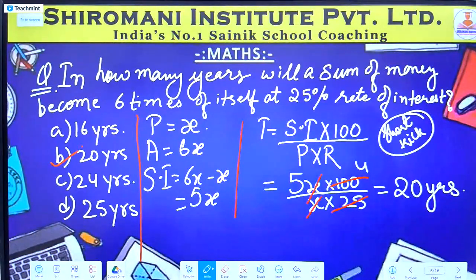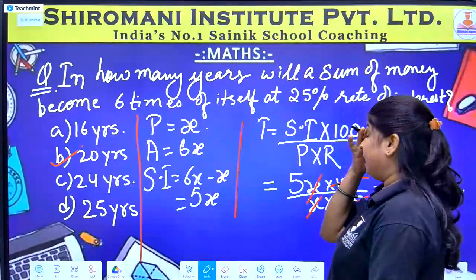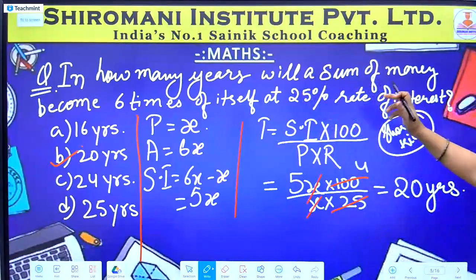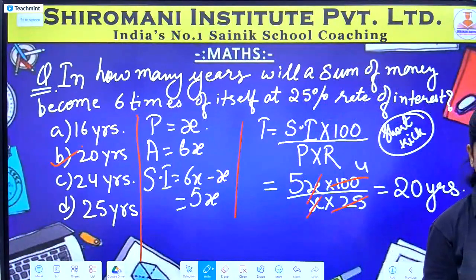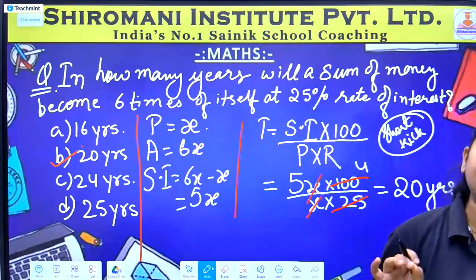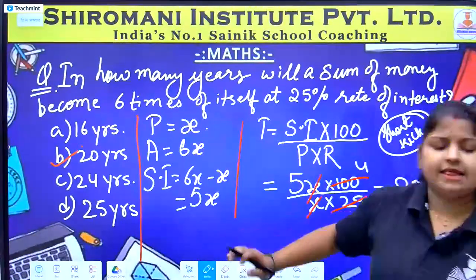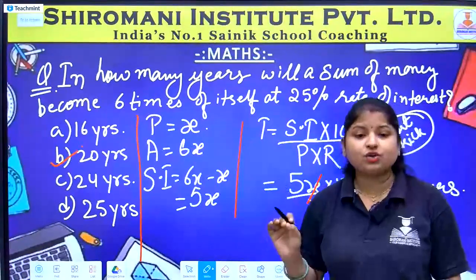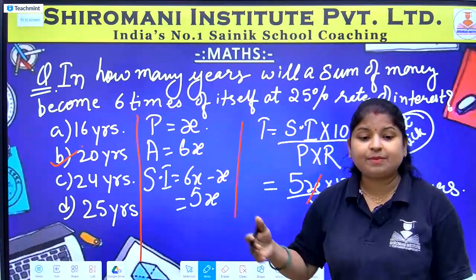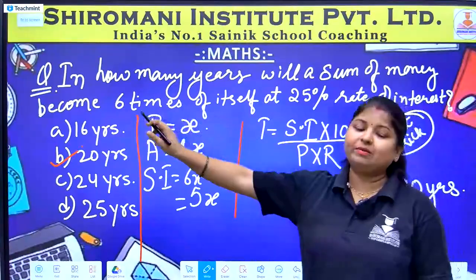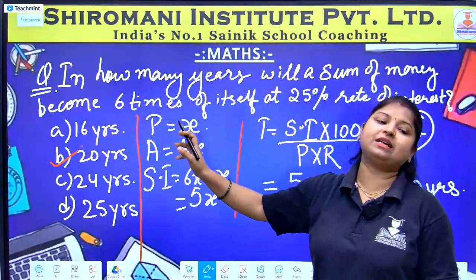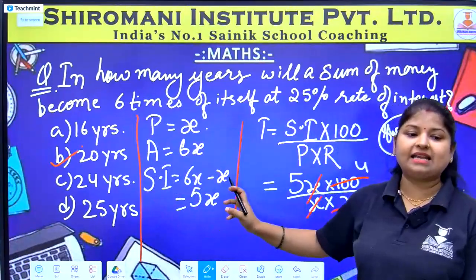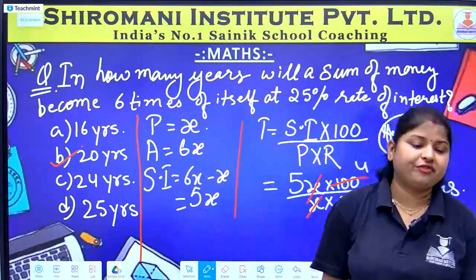It's easy, dear. The question is being asked that in how many years will a sum of money become 6 times of itself? The rate of interest is 25%. Let me assume that my principal is X. According to the question, if my principal is X, the amount will be 6 times. 6 times means 6X. Simple interest is 6X minus X, that is 5X.